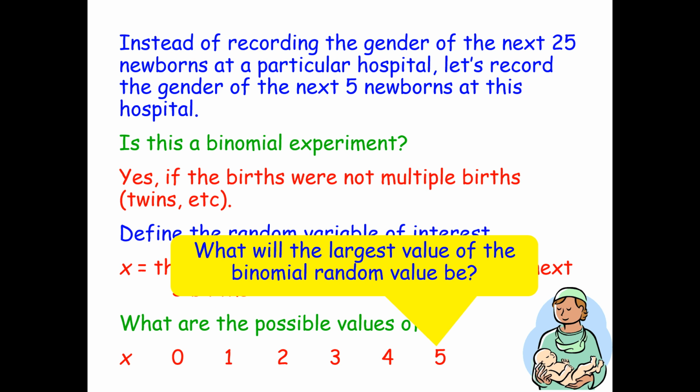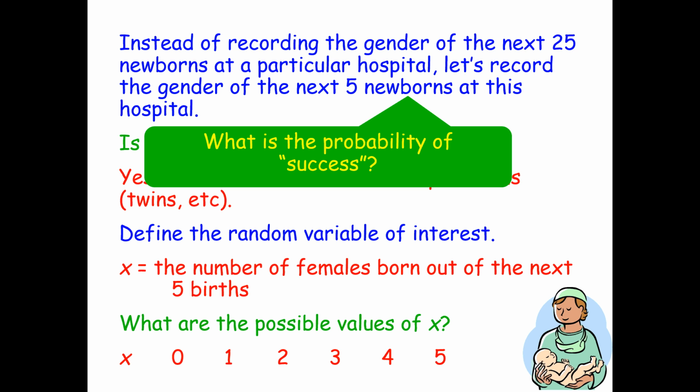And the largest value of the binomial random variable will be the actual number of experiments or observations that you're monitoring. So here we want to know, what was the probability of success? Here, for each individual birth, we have a probability of success of 1/2, because the baby will either be a female or a male.